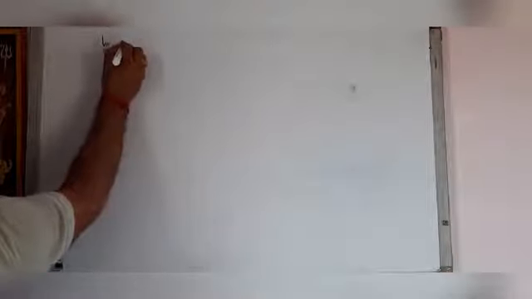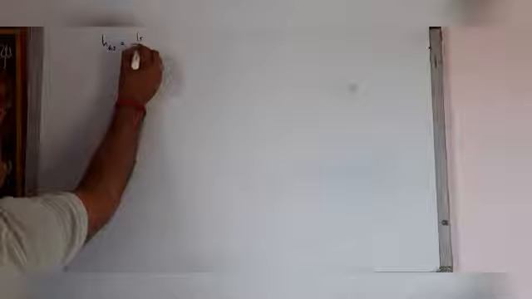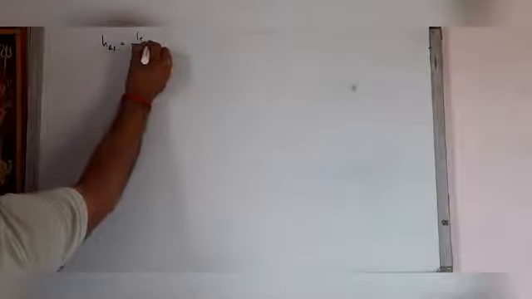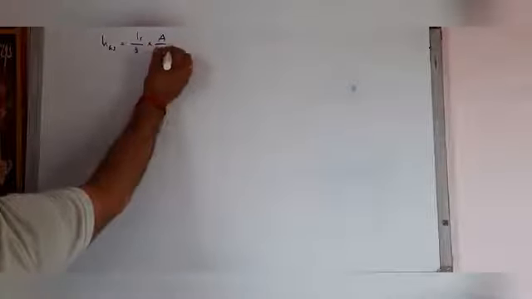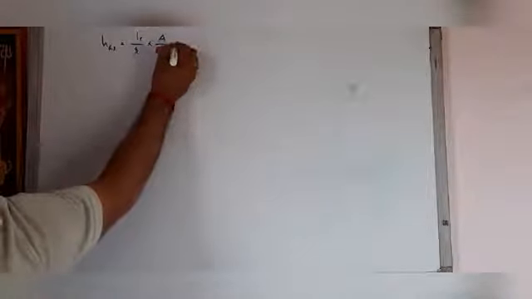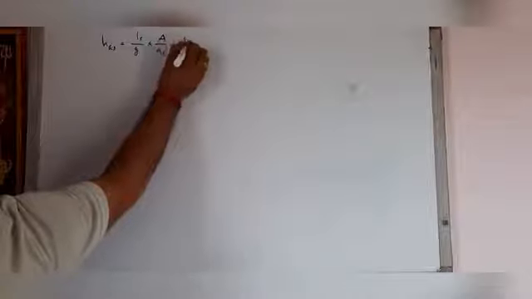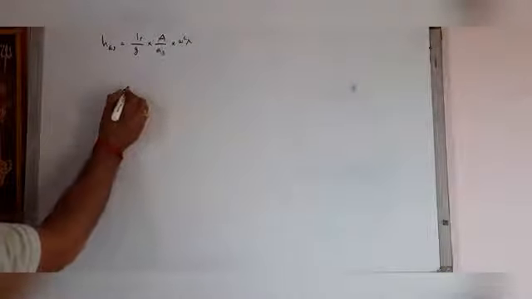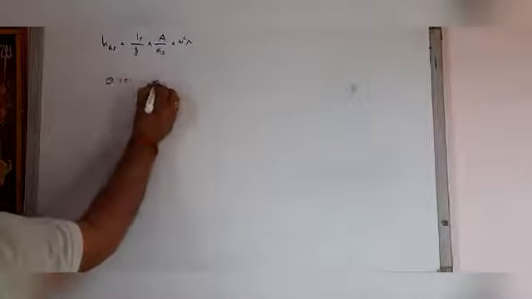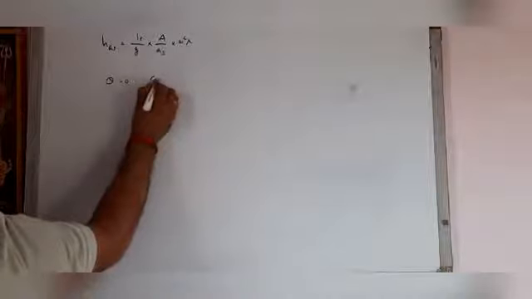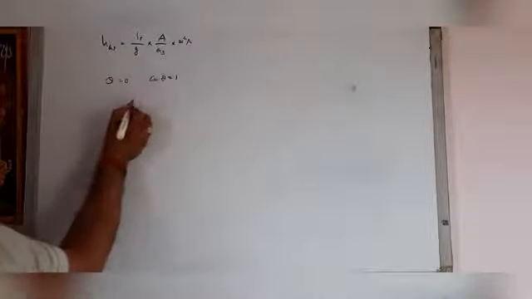But as we know, at the beginning of suction stroke, HAS is equal to LS by g into A by AS into omega square R cos theta. At the beginning, that is theta equal to 0, cos theta equals 1.